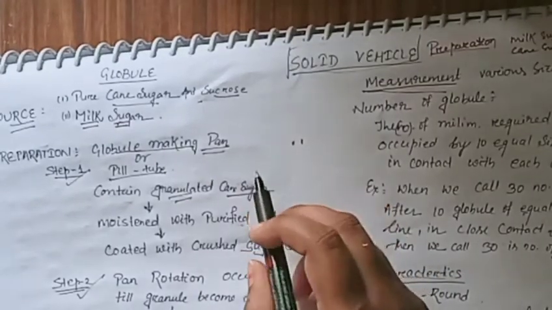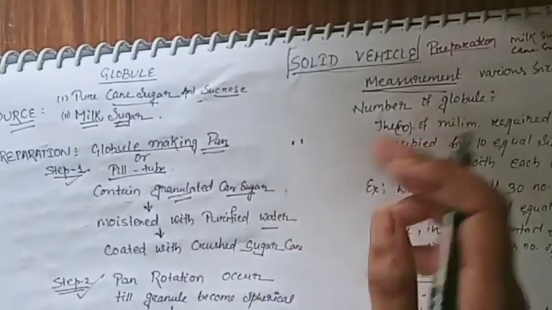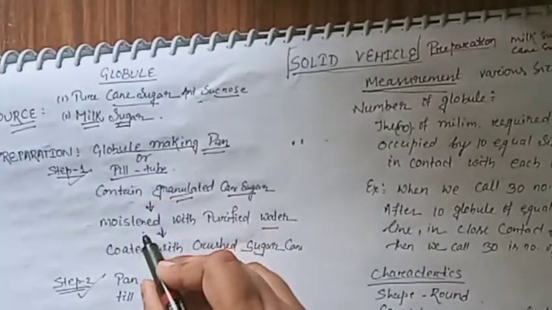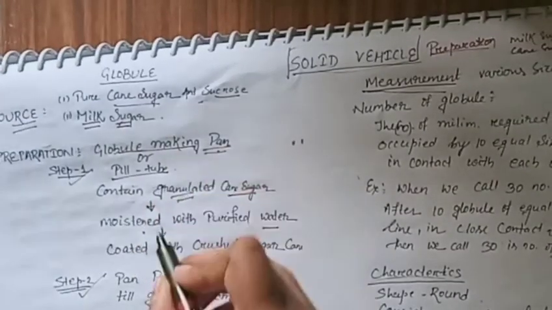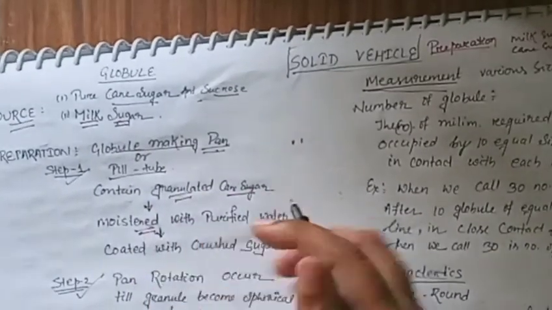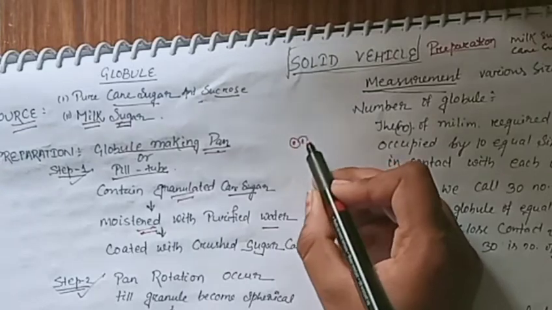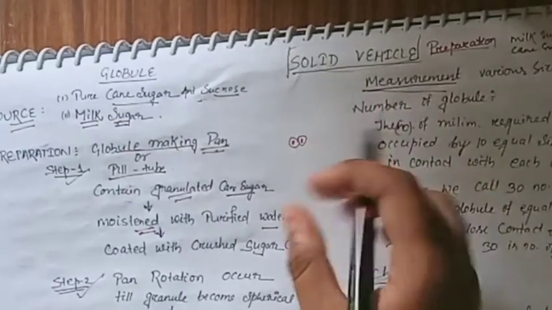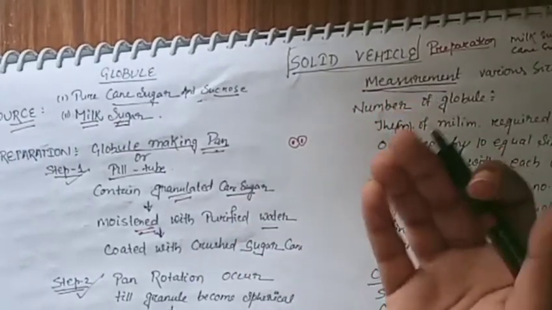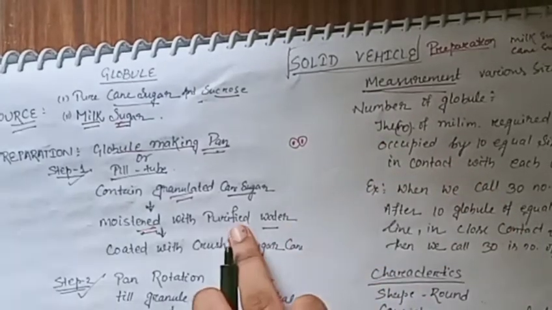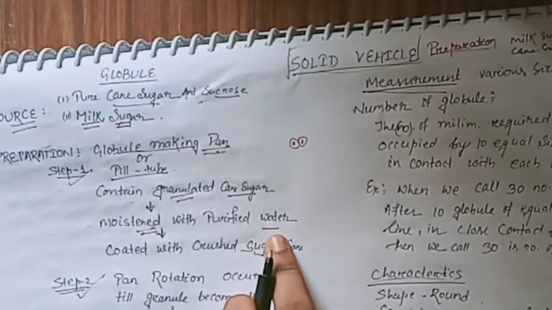Then inside the globule making pan, we moisten it. Moisten means we wet it with a liquid, and the liquid we use is purified water.